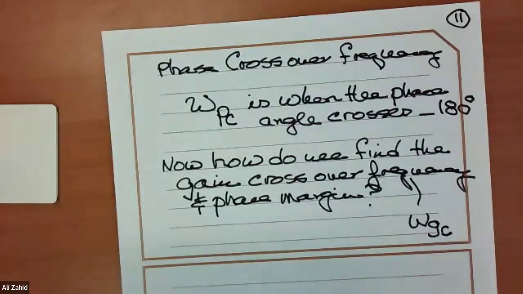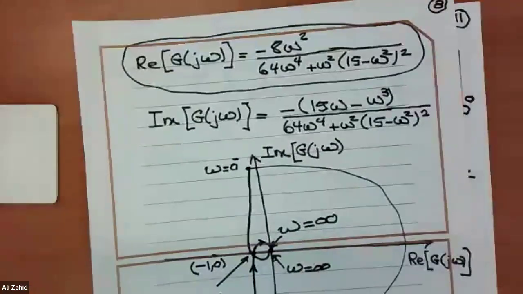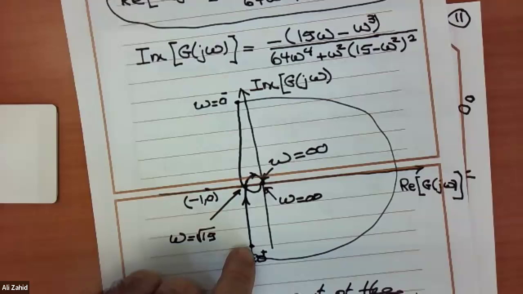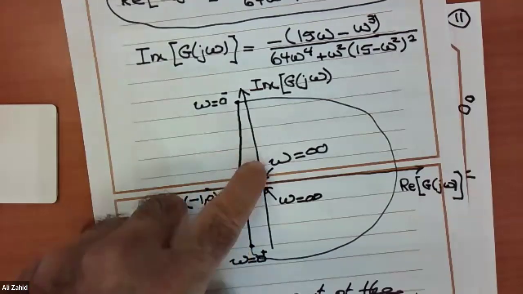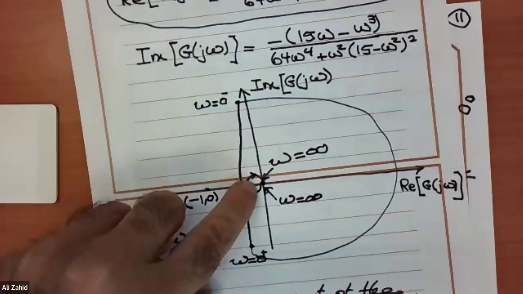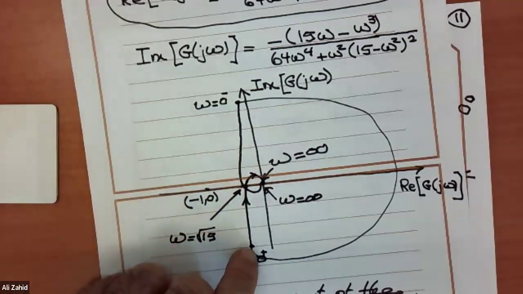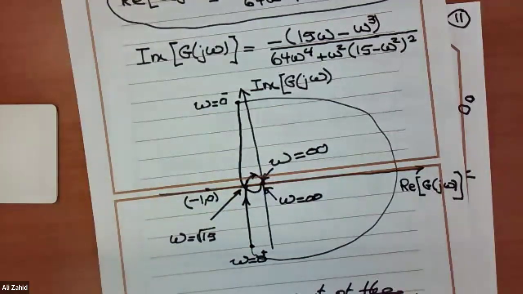Now I want you to go back to the diagram. Can you tell me what is the gain here? You sketch a vector from the origin all the way to the point. Where is this point? This point is at minus infinity, which means the gain is infinity. Okay.